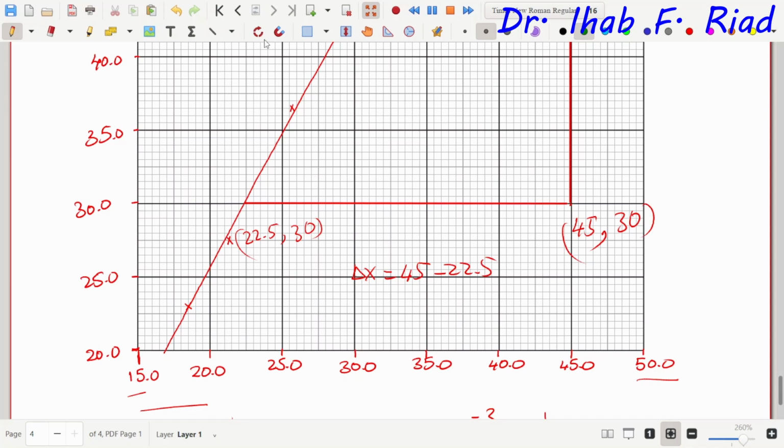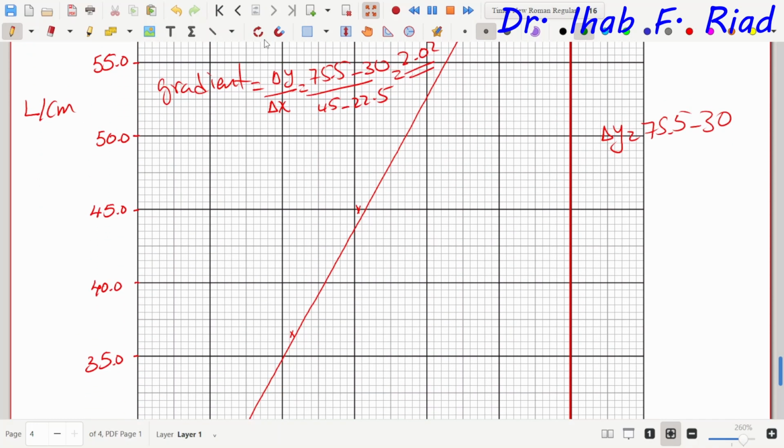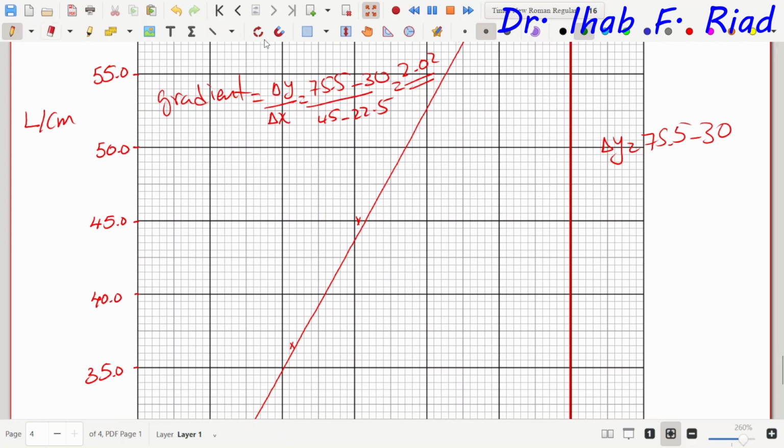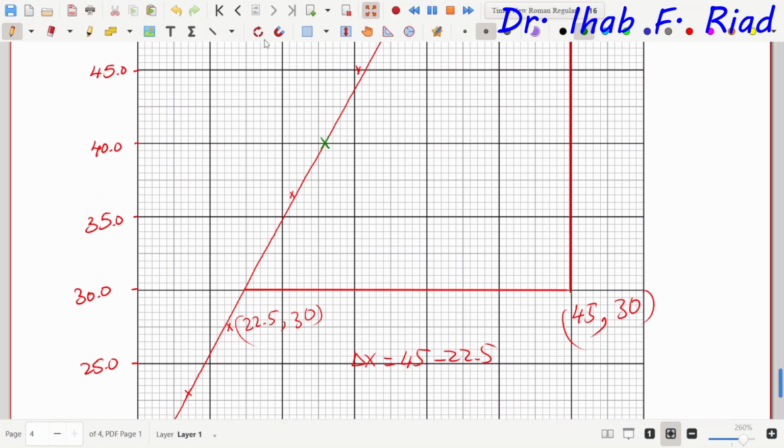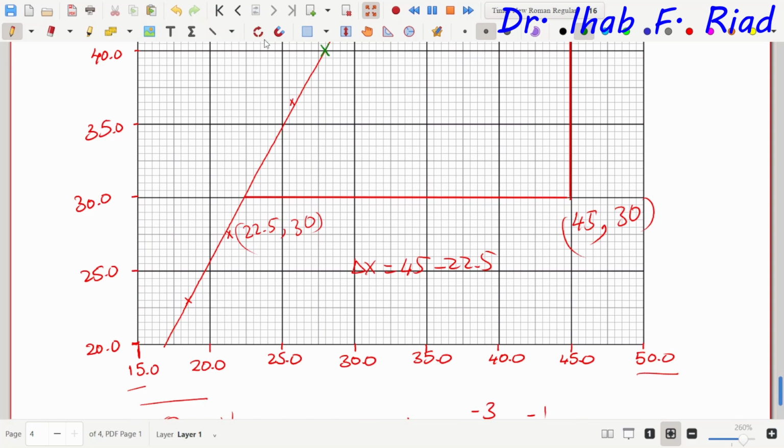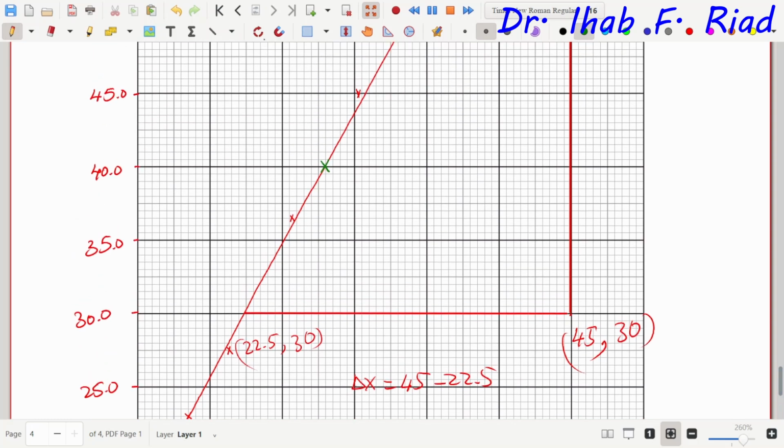So what should we do? This is how we do it. Mark any point on the graph. Let us take, for example, this data point. What is the x-axis for this data point? It is 25 over here, this is 27.5, this is 28.